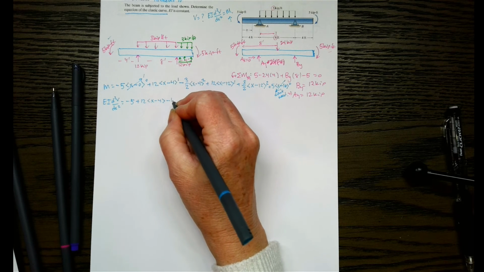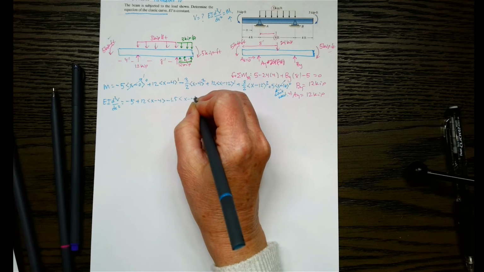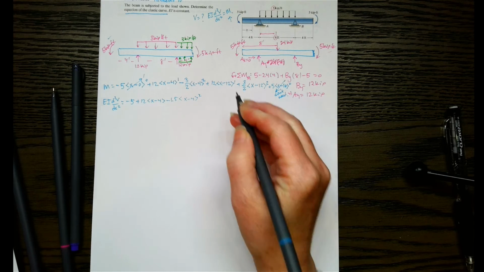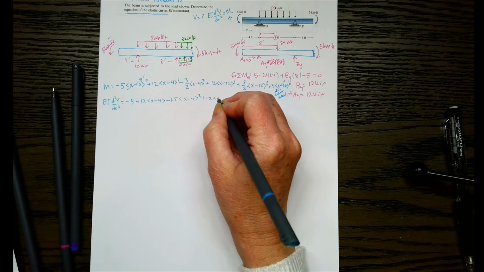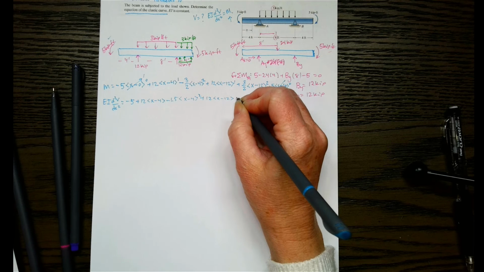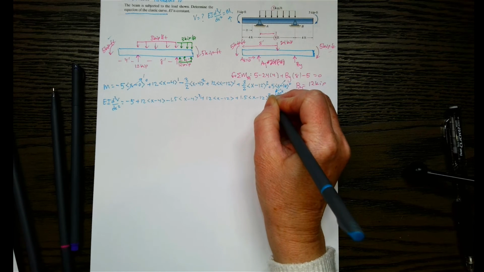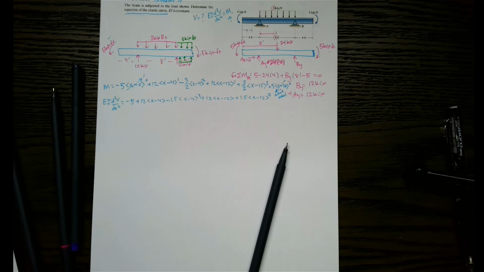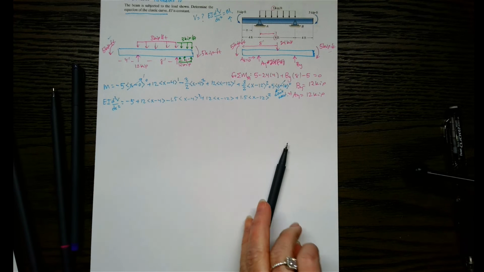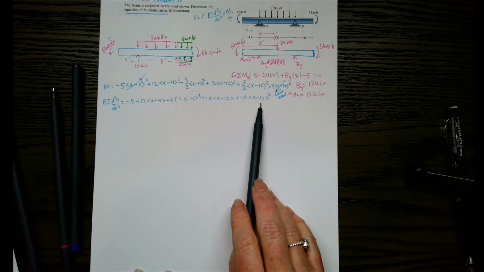Then we've got negative 1.5 x minus 4 squared plus 12 x minus 12 plus 1.5 x minus 12 squared.